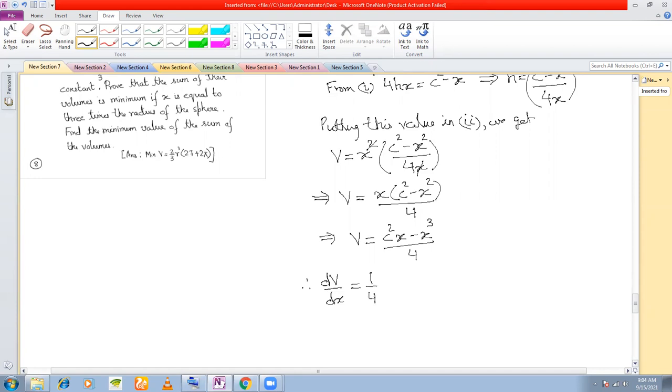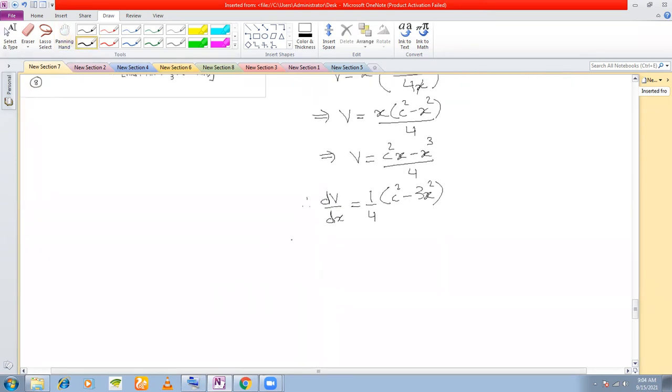is equal to 1/4 (c square minus 3x square), right? For maximum or minimum volume, we must have dV/dx equal to 0.